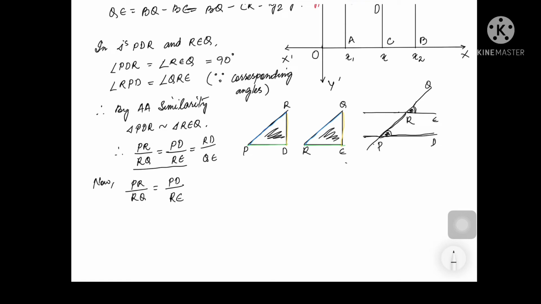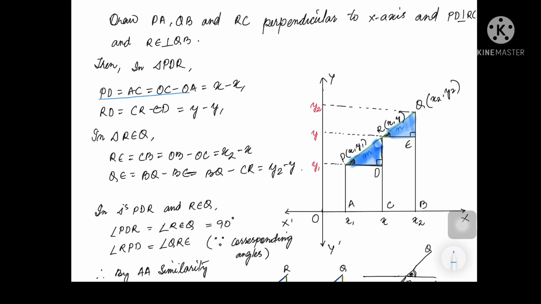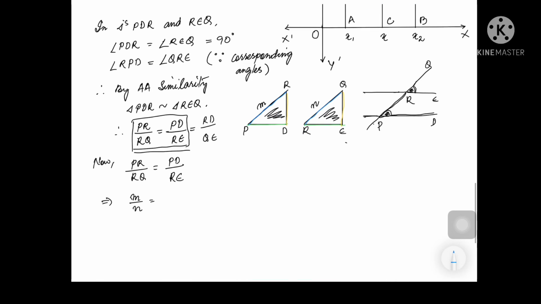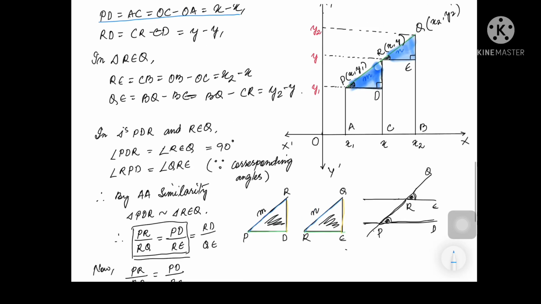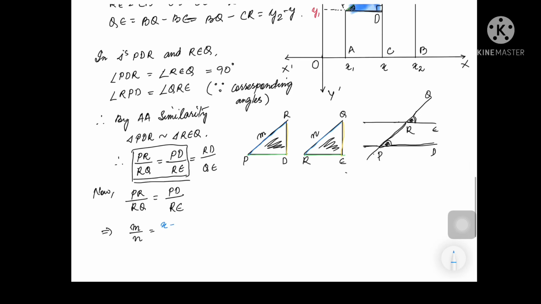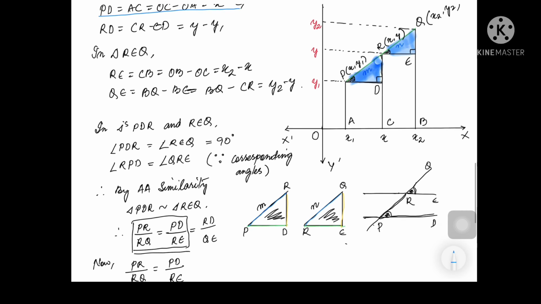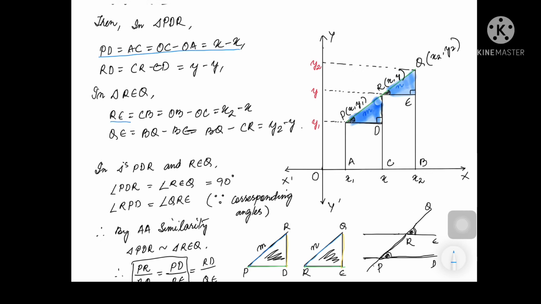Consider these two first. The length of PR is m and the length of QR is n, so we have m by n. And what is PD? PD is equal to x minus x1. And how about RE? RE is equal to x2 minus x.